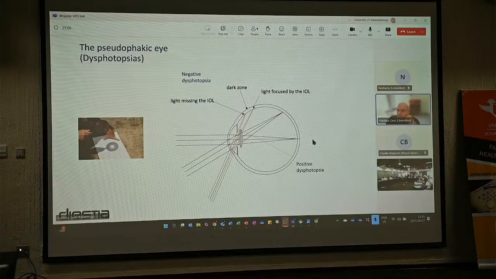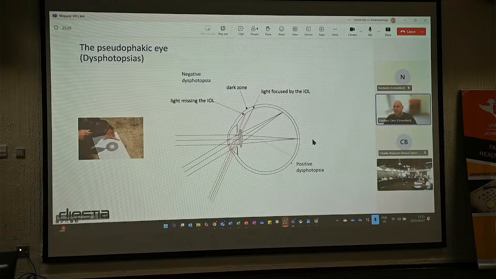I will show you how we record it in a model eye. The shadow is called negative dysphotopsia because it resembles light emitting from where it could be.